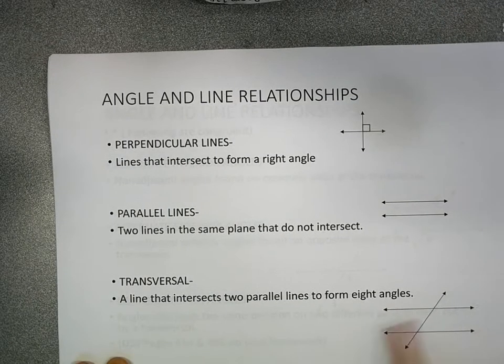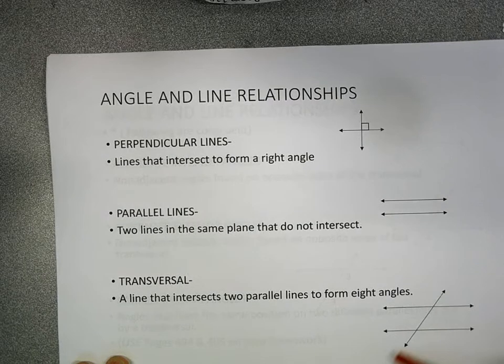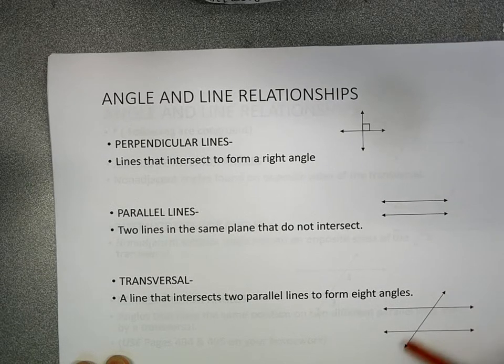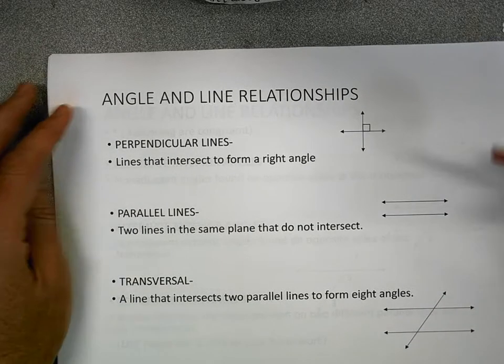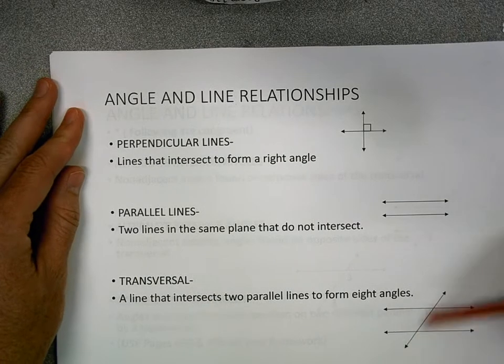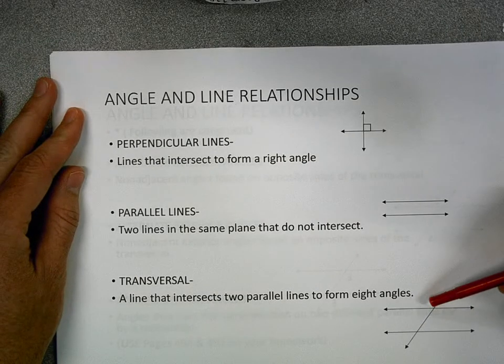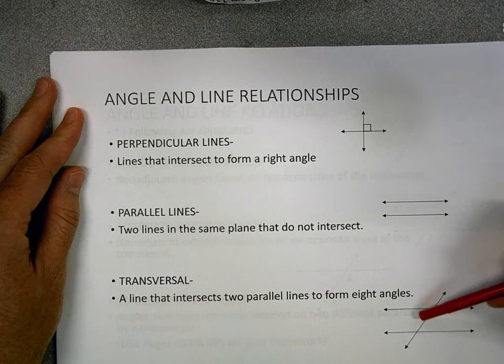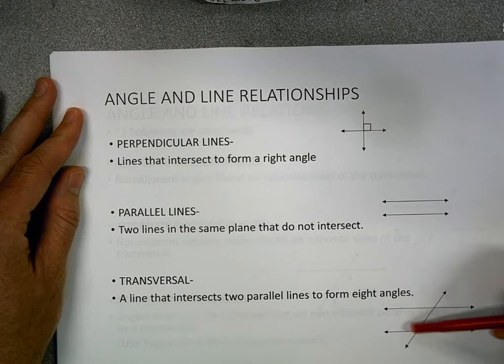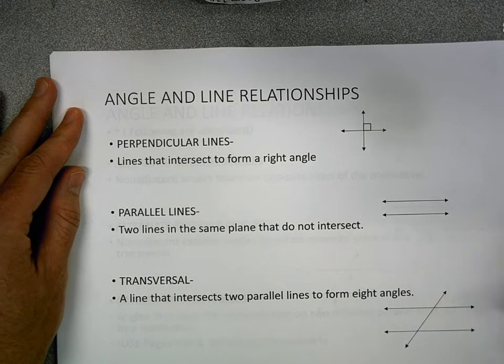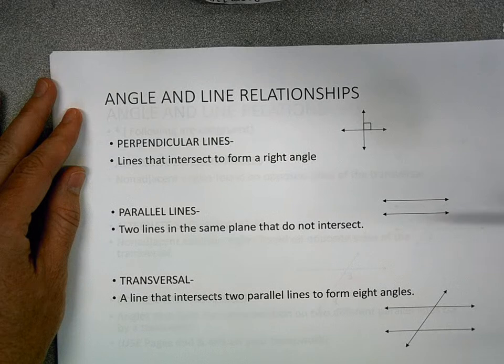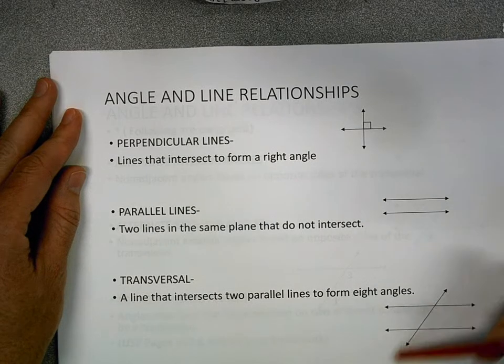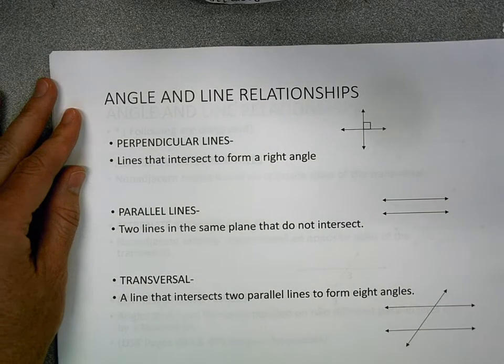You have two parallel lines. This line right here is a transversal. This is a huge basis of today's lesson, so listen carefully. The transversal creates 1, 2, 3, 4 angles there, and 5, 6, 7, the 8th angles there. So that's what it means by a total of 8 angles. That line right there is a transversal that crosses two parallel lines.